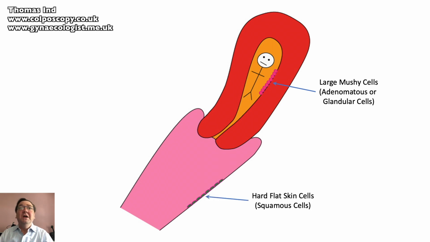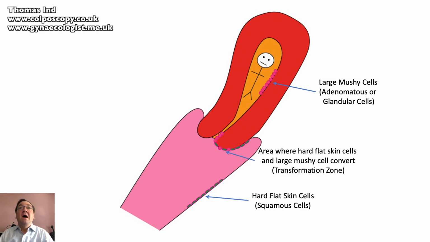The vagina is lined by skin cells, hard, flat skin cells, or squamous cells if you're a doctor. And on the cervix, there's an area where the hard, flat skin cells convert to the large, mushy cells. And that area, which is not a single junction, but an area, we call the transformation zone.